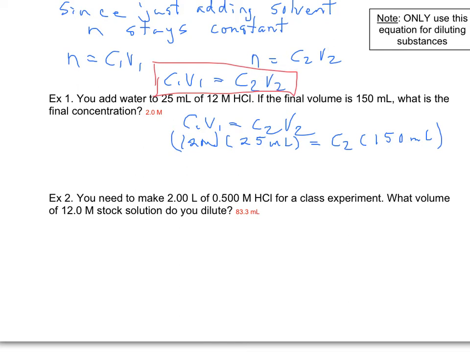When I rearrange for C2, it's going to equal 12 times 25 divided by 150. I have to get rid of this 150 on this side. That equals 2.0 moles per liter of HCl once I take my sig digs into account.